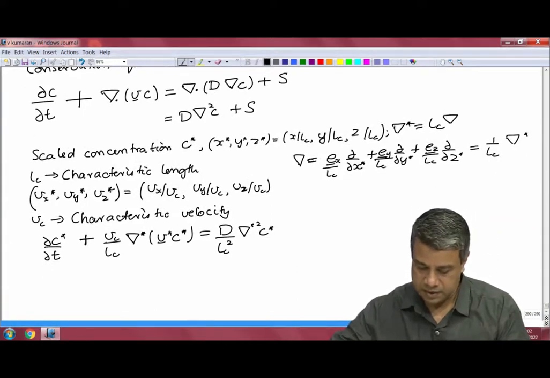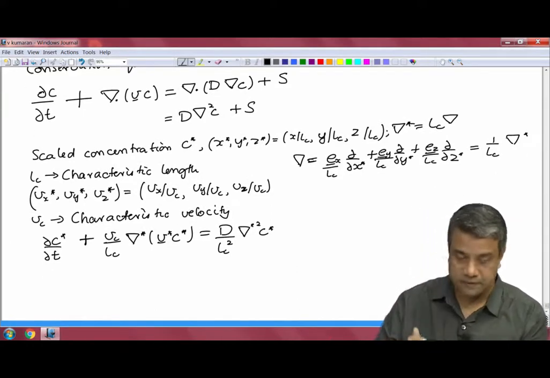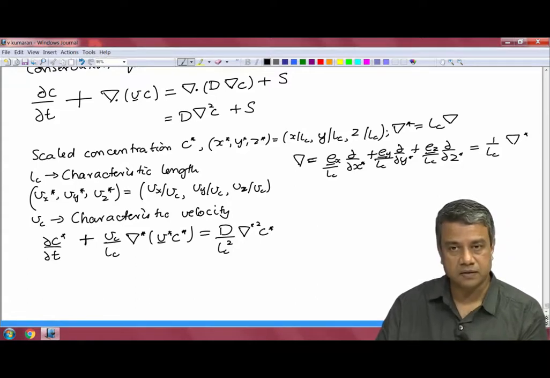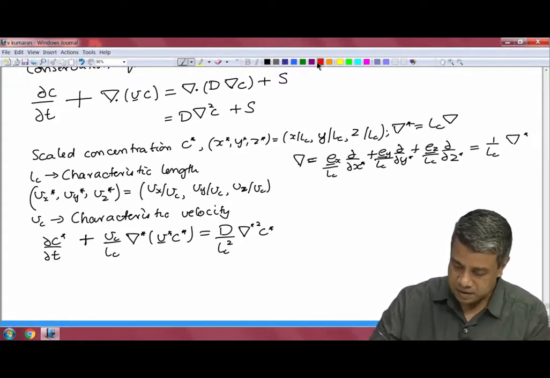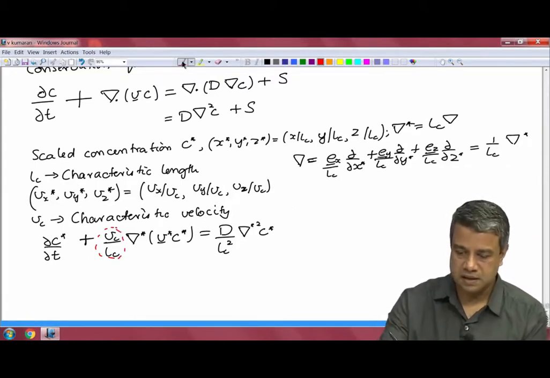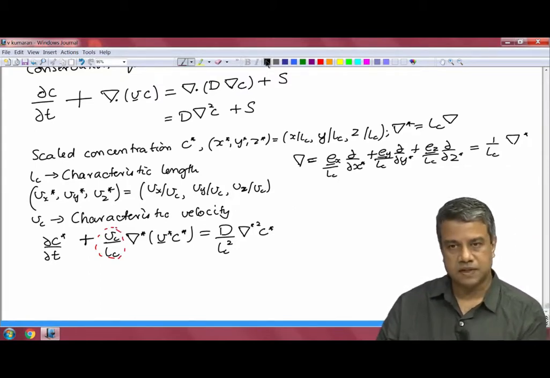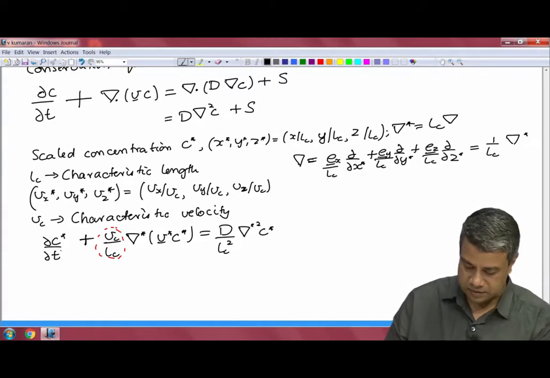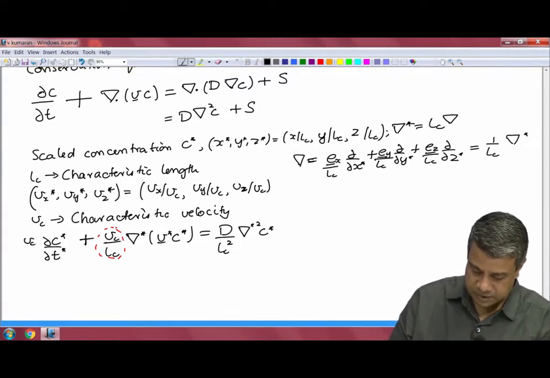And for the left side, for the time derivative, I can use the time scale as LC by VC, where LC is the characteristic length scale and VC is the characteristic velocity scale. So I will get here VC by LC.